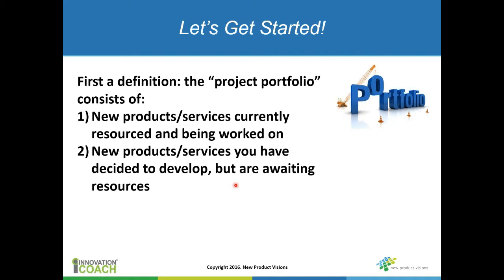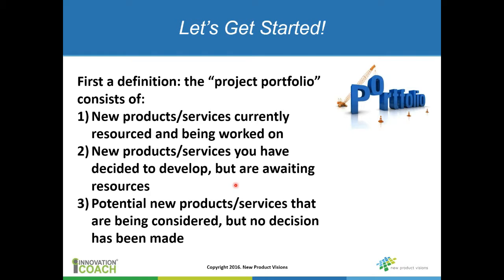You're waiting on those resources in order to work on that project. And then the third category is all these potential new products that need to be considered within the business, but that you really have not made any decision on. So these are the 3 primary buckets that we're concerned about in project portfolio management.